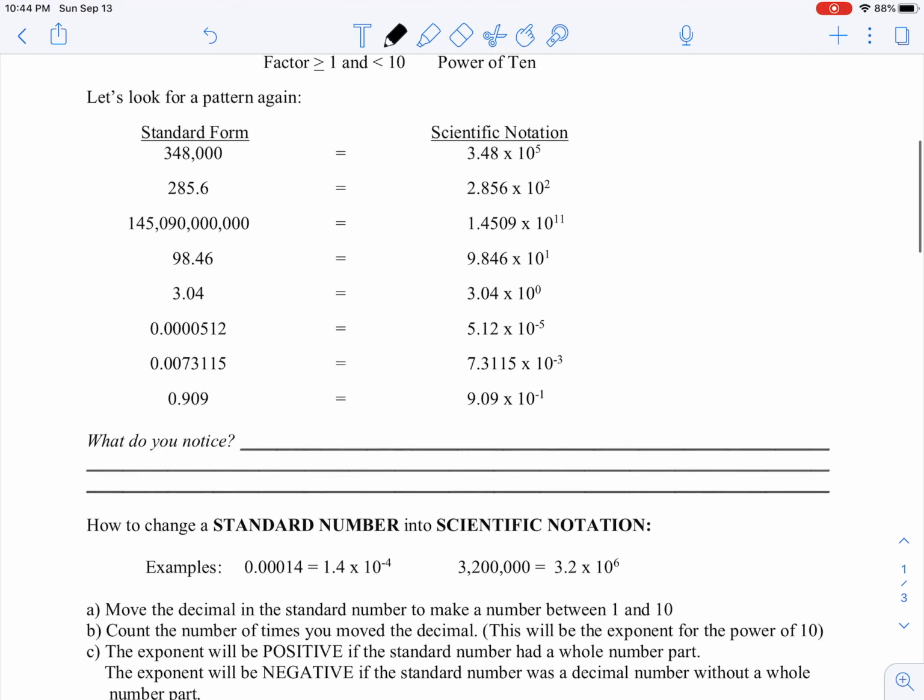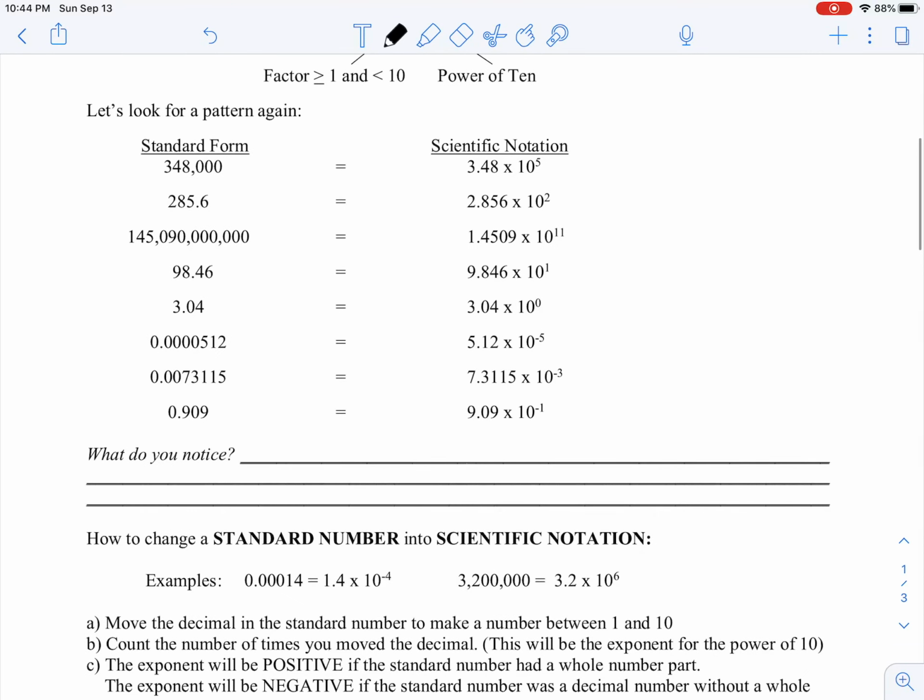So we have some numbers here in standard form and scientific notation, and I just want you to take a look and see if you can think of any patterns that you see here.